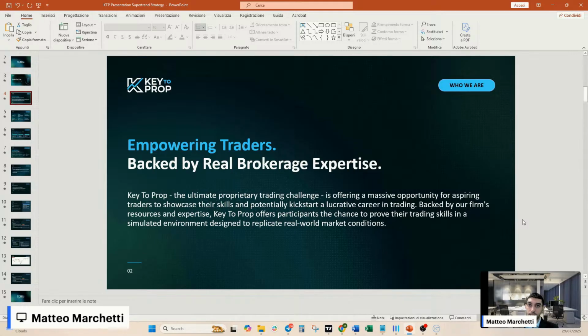Essentially, KeytoProp is backed by a brokerage firm that has been on the market for about 15 years. So every proprietary trader who trades with KeytoProp can have a lot of security. Most of the proprietary firms you can find out there are not even backed by a broker, so they are essentially just a website.